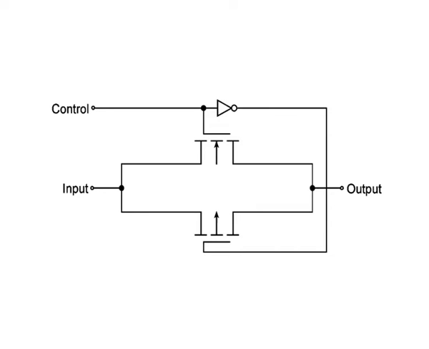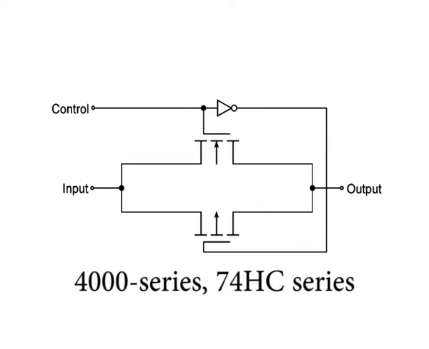Such a problem is overcome with the use of parallel connection of N channel and P channel devices. Transmission gate devices are available in 4000 series as well as 74 HC series of CMOS logic.